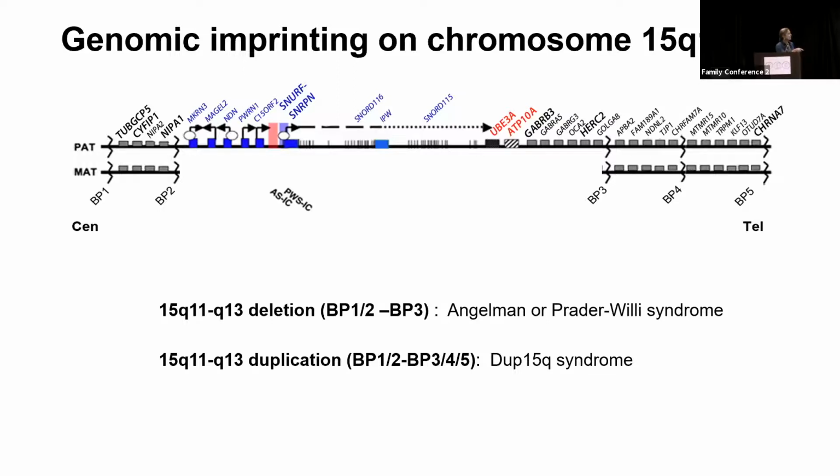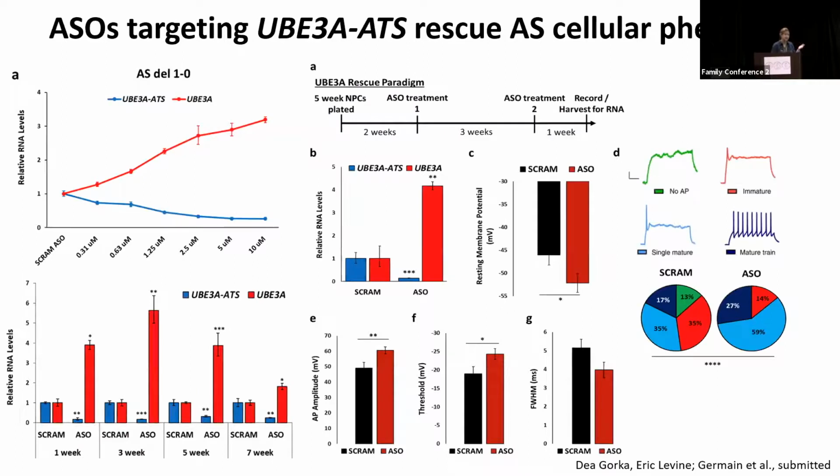And so with ASOs, a lot of different companies and a lot of different labs have figured out ways to cut this RNA and turn back on Dad's copy of UBE3A as a therapeutic approach. And so our cells have been instrumental in helping develop these therapeutics. This is some of the work we did with Ionis Therapeutics. An ASO that's targeted against the antisense can reduce the antisense and therefore increase UBE3A.